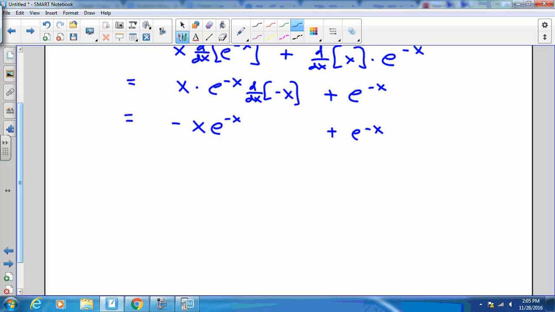Oh, do we have to factor it? That's a great question. So factoring is sometimes profitable. You don't necessarily have to. But we do have a common factor of e to the negative x. And if I factor it out, I get negative x plus 1. This would be useful, for example, if I asked you, where are the horizontal tangents?